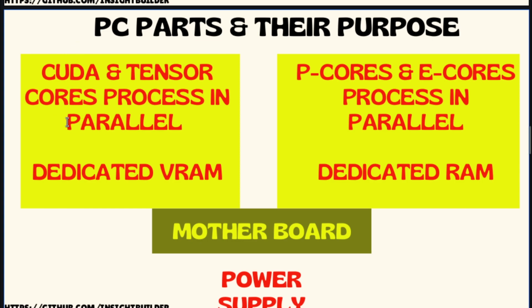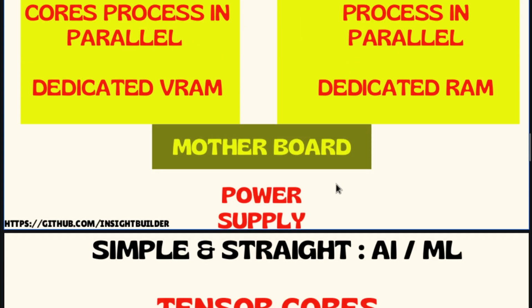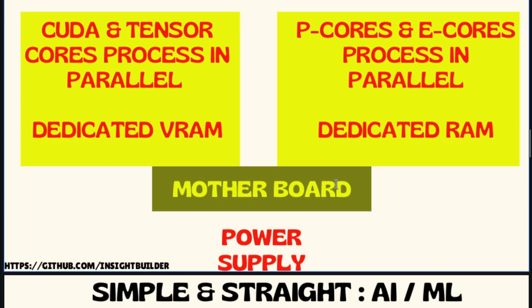And the key point in the case of the GPU is that the calculations are done in parallel, and that is why it is extremely fast. Both the GPU and the processor sit on the motherboard. The motherboard is getting the power from the power supply. This is a basic introduction to the internal configuration of a PC.